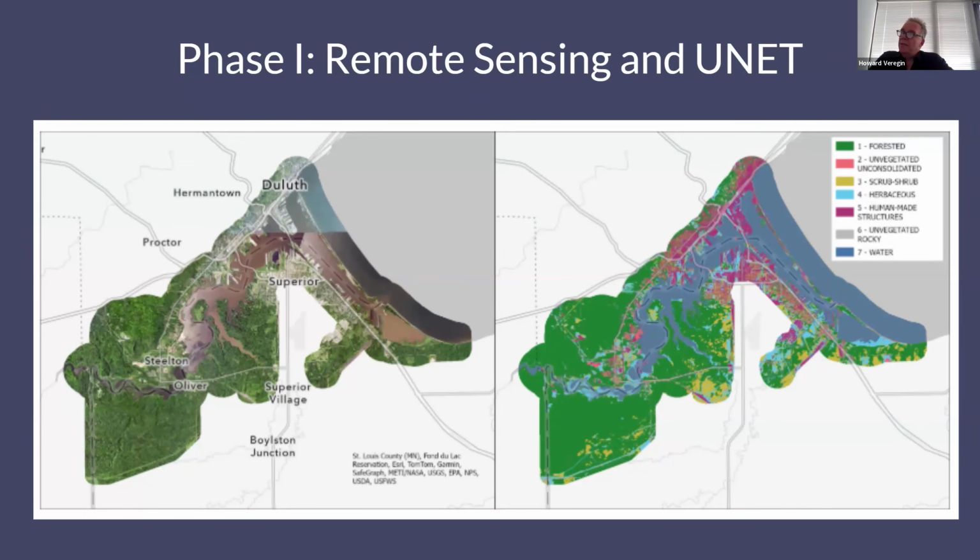Unfortunately, that did not work out. I think Kirsten mentioned a couple of cases like the inability to differentiate forest that's upland versus forest that's wetland. Those were just not discernible on the imagery that we were using. So this is where phase 2 comes in.